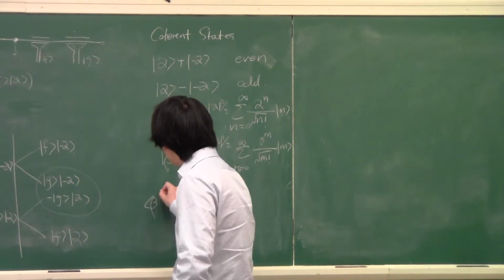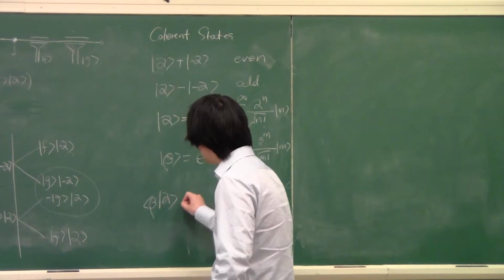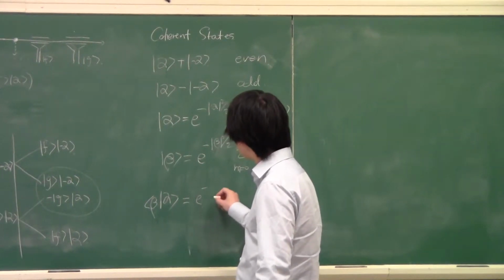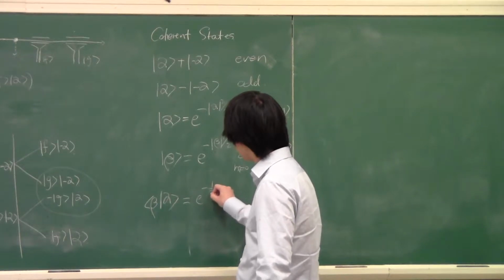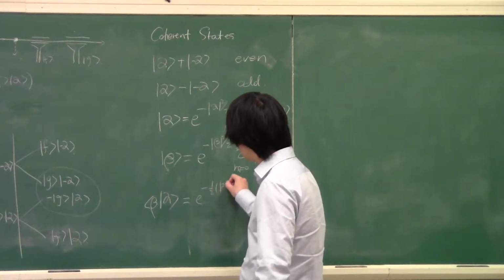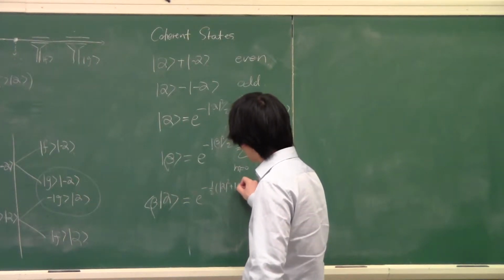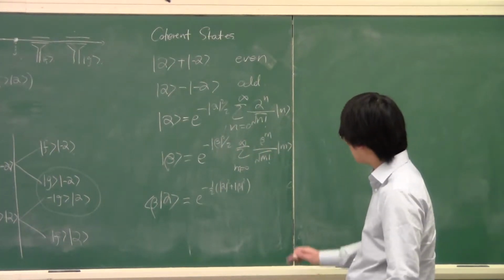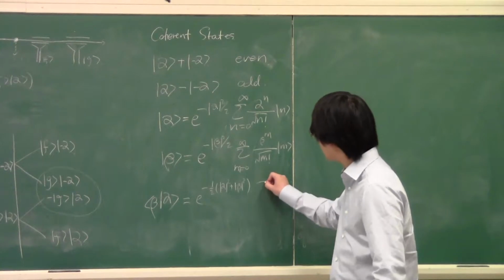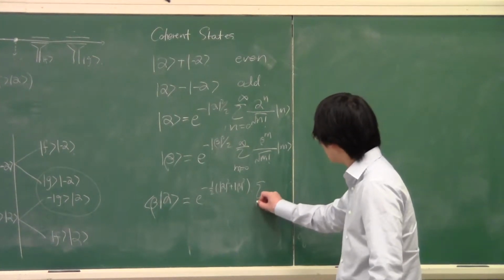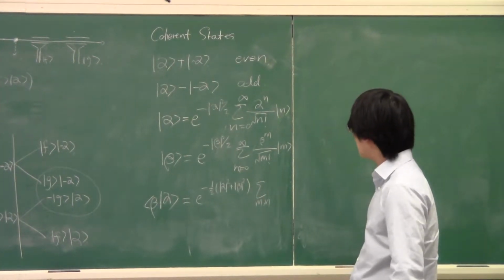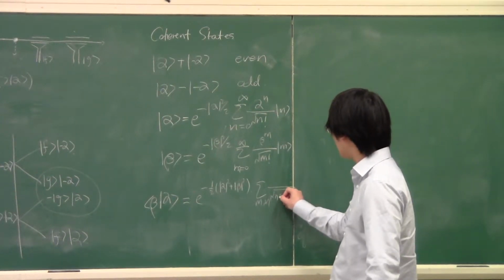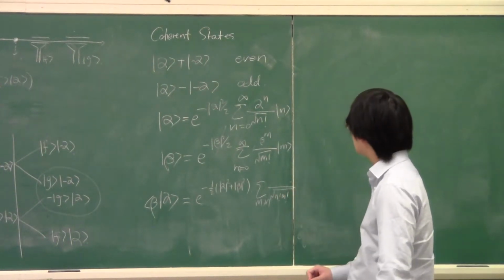So beta alpha is, we have this exponential factor out in the front, and then there's a summation over m and a summation over n, over the square root of n factorial m factorial.